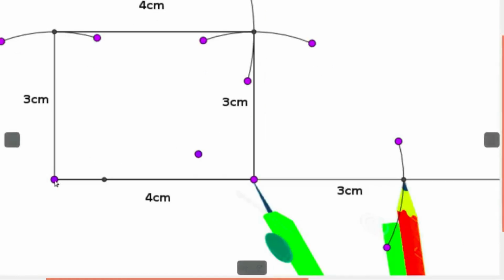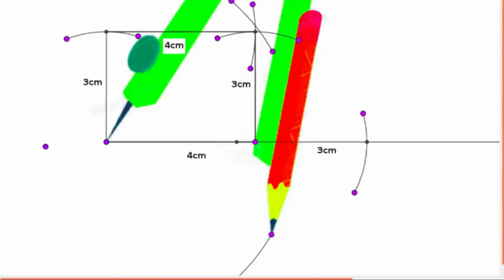Now we have to draw the bisector of the 7 centimeter line. For this we take more than half of the line and draw 2 arcs. By taking this point as center, we take another 2 arcs to intersect these 2 arcs.